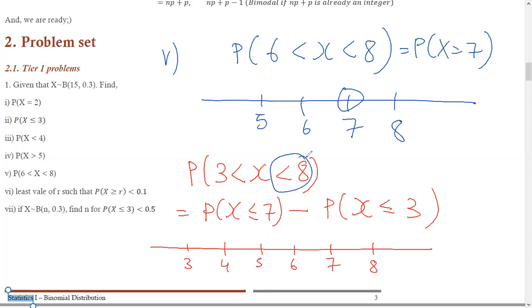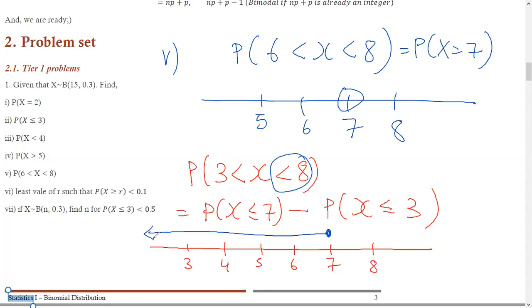Less than 8 means it cannot include 8, so it must start from 7. So X ≤ 7. This is the first part. I say again, when we consider X < 8, because it doesn't include 8, we start from 7. So X ≤ 7.